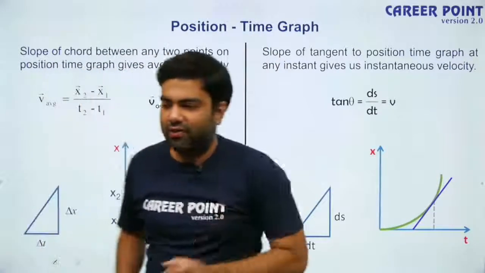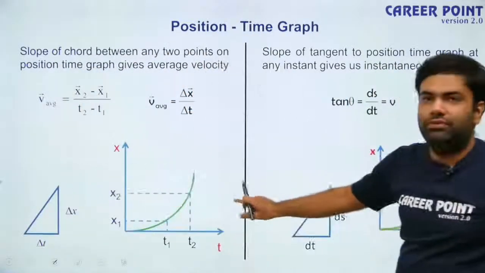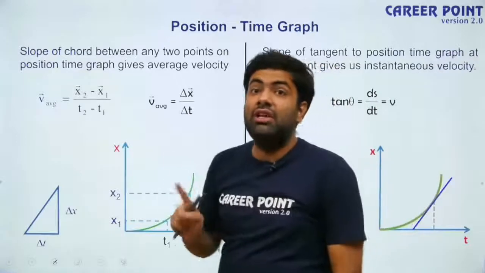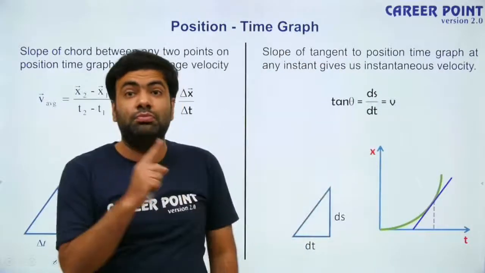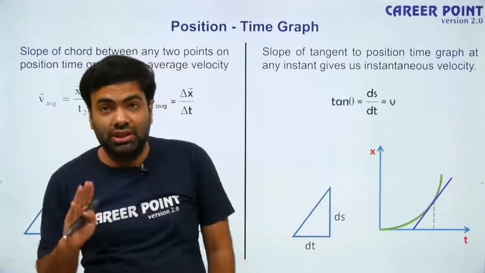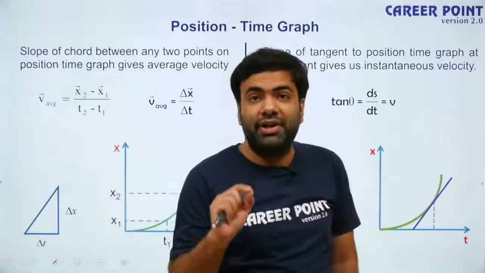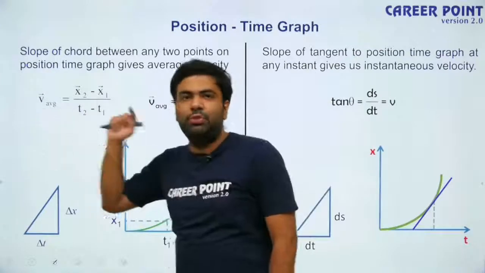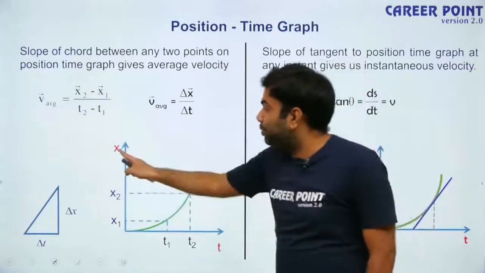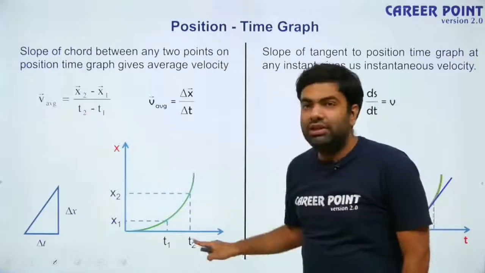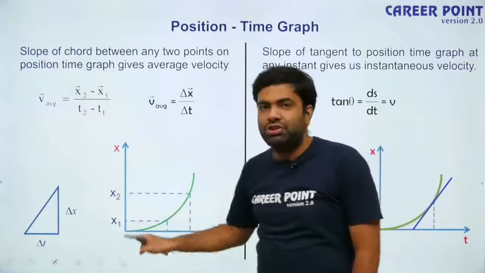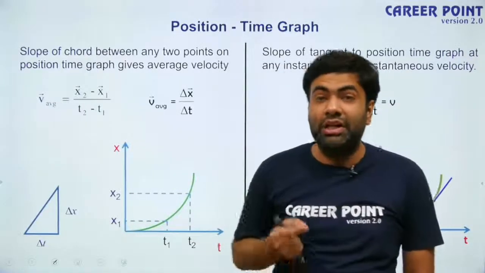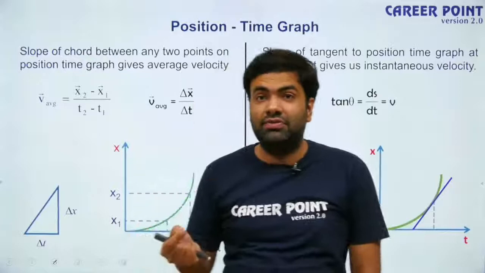If we have position time graph of any particle having straight line motion, this chapter is motion in 1D, so we are discussing those cases of straight line motion only. If any particle is having straight line motion and we have its position time graph, then by observing this position time graph, we can calculate average velocity and instantaneous velocity.